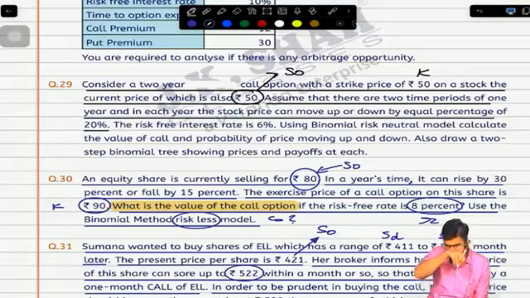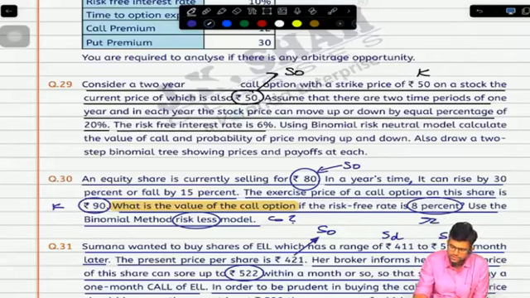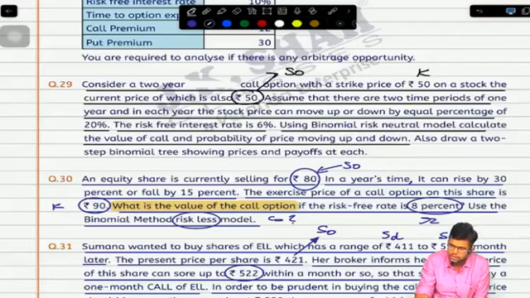This language you understood? Like this and then like this. You're getting it, not 2 times 20%. Risk free rate, as I told you, risk neutral model, this is risk free rate is 6%. Using binomial risk neutral model, calculate the value of the call and the probability of price moving up and down.